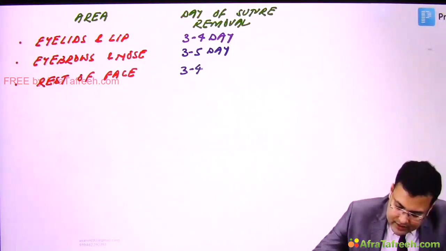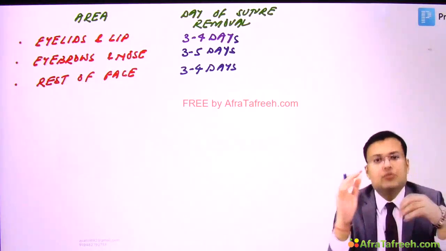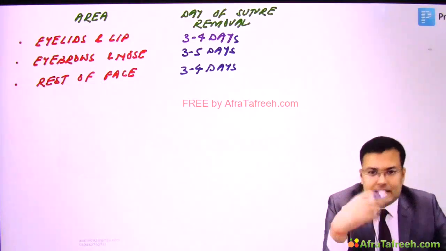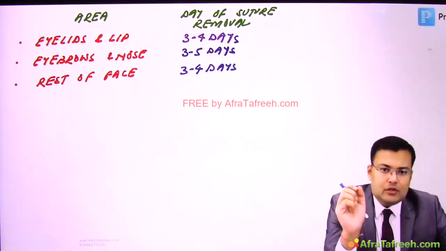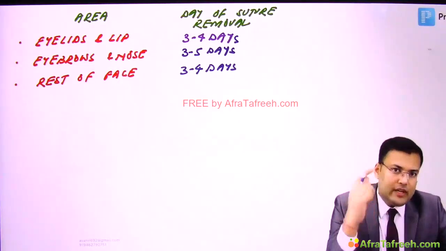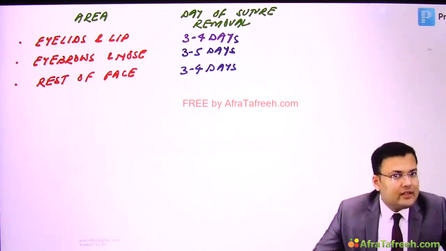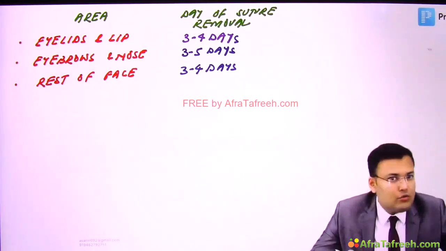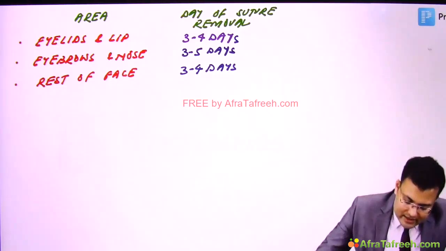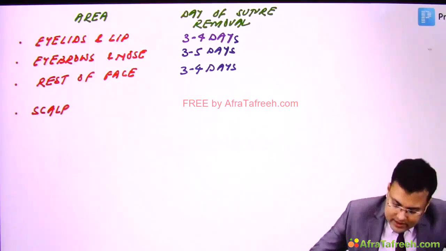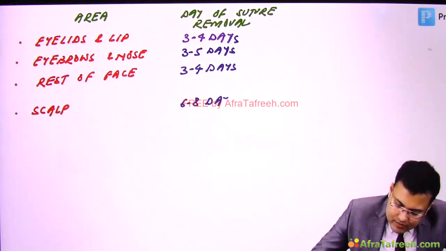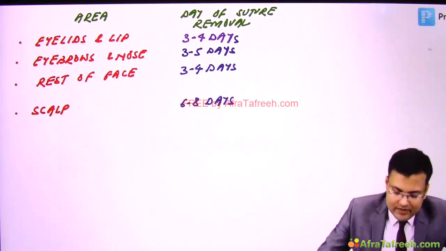So roughly what you noticed, that generally in face we are supposed to remove the sutures on 3rd to 4th day excluding ear. In ears we are going to remove the sutures on 10th to 12th day. Now see, in scalp the sutures are removed on 6th to 8th day. So it should be removed between 6 to 8 days.